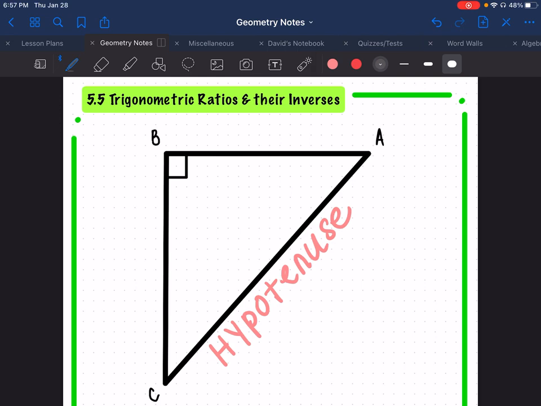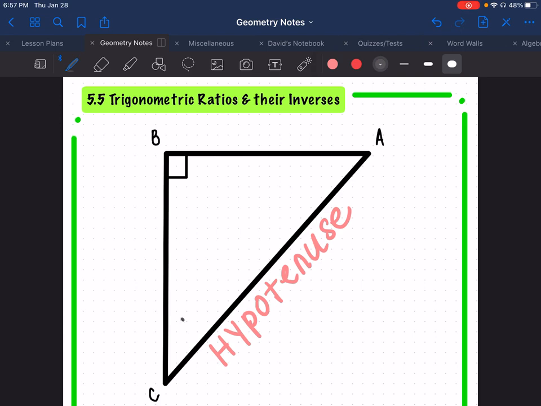So if I know angle C, I name them one way, and if I know angle A, I name them another way. One way that you would know it is they would give you a degree. They would put a number inside the triangle right here at angle A, or they could put one right here at angle C. Another way is I could use a variable.